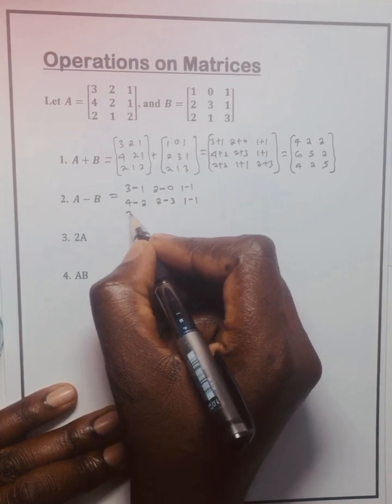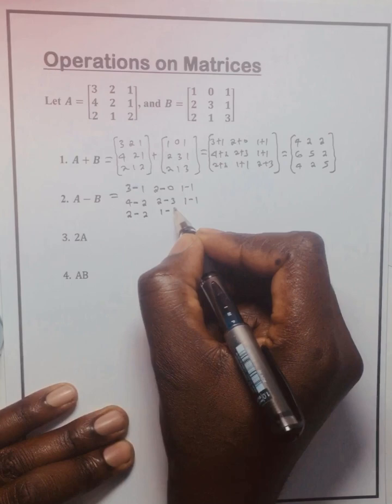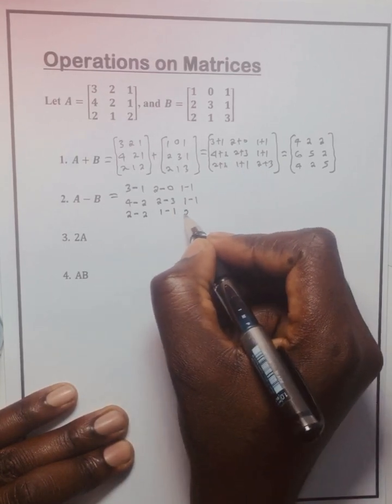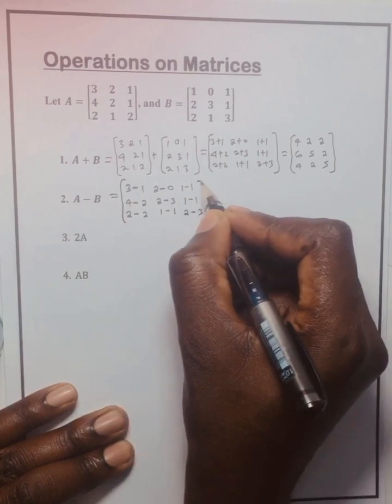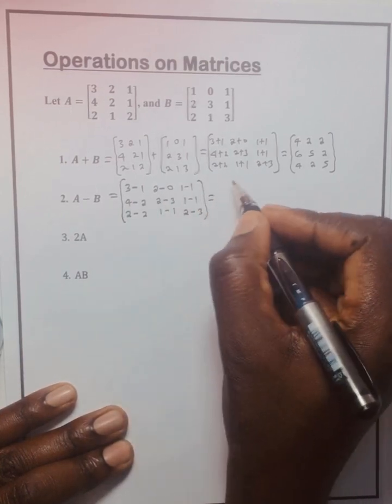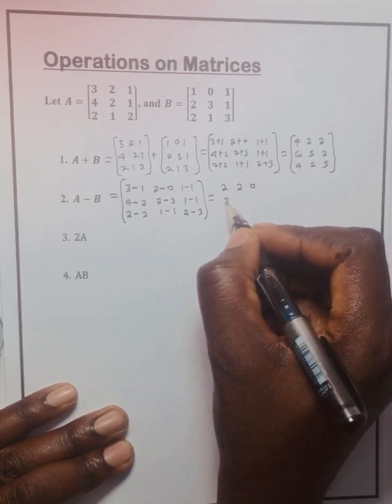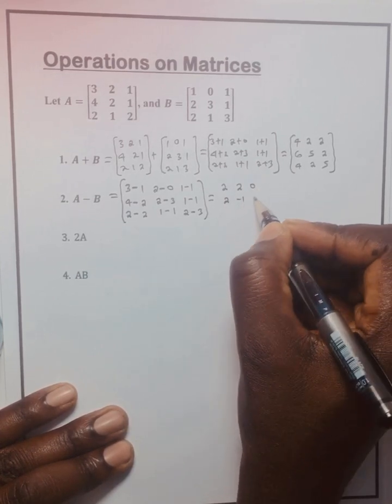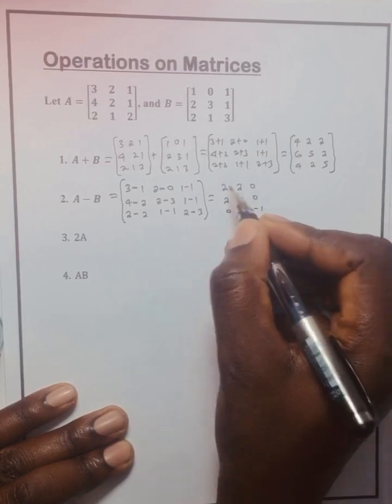Then you'll have 2 minus 2, 1 minus 1, then 2 minus 3. So you'll have 2, 2, 0, 2, negative 1, 0, 0, 0, negative 1.